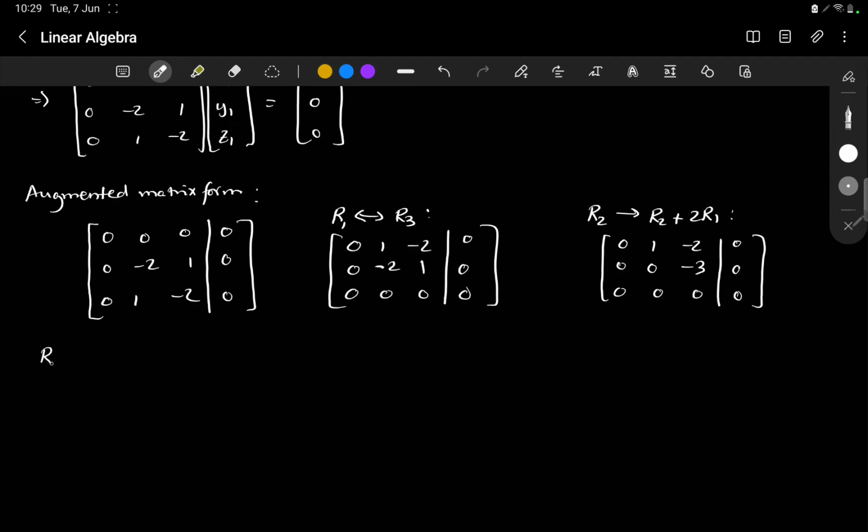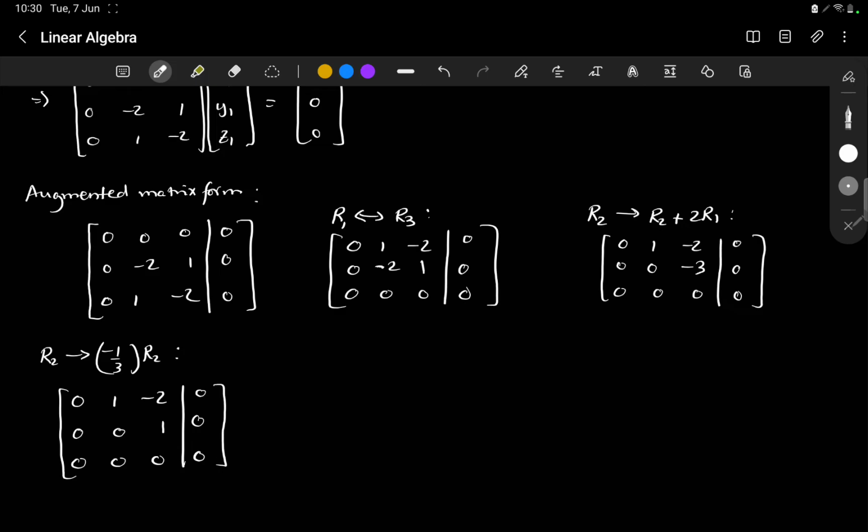Next, we will use R2 goes to minus 1 by 3 R2, and finally we will use R1 goes to R1 plus 2 times R2. These are the row operations used to row reduce the given system.